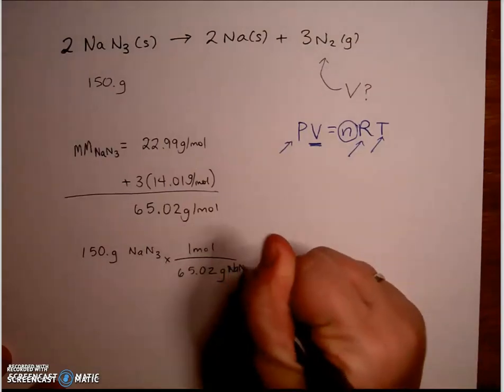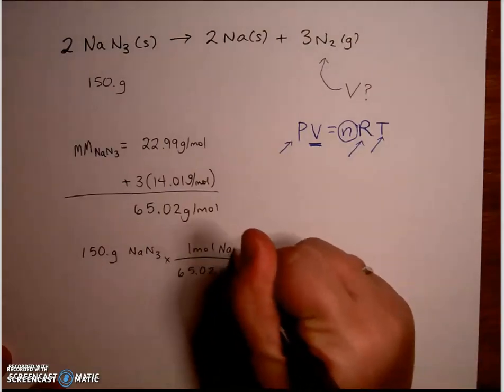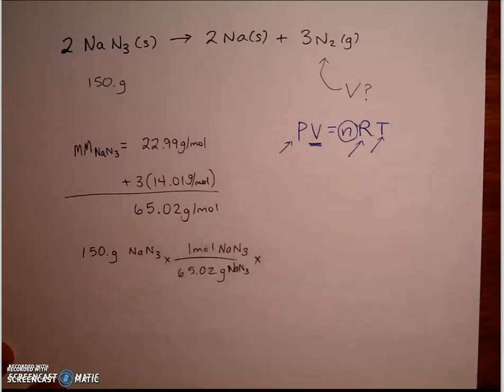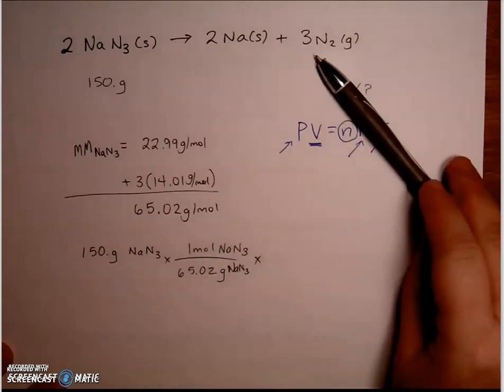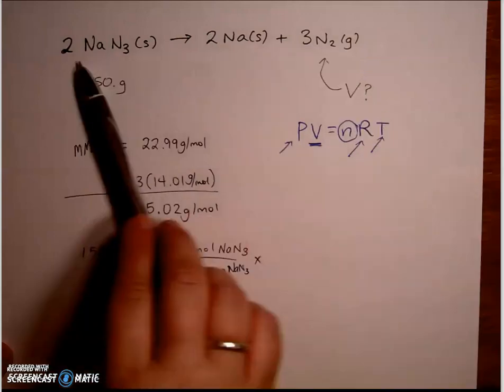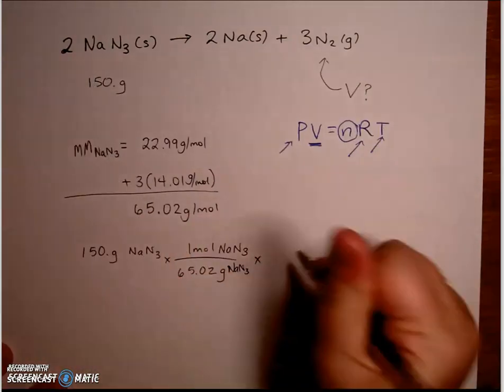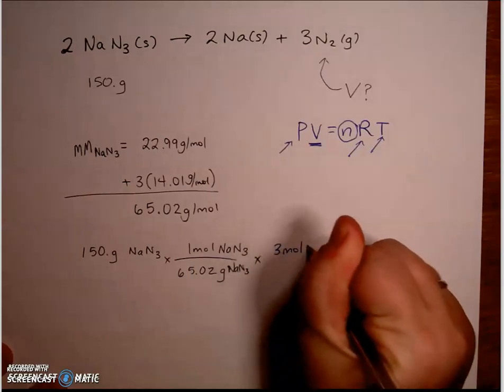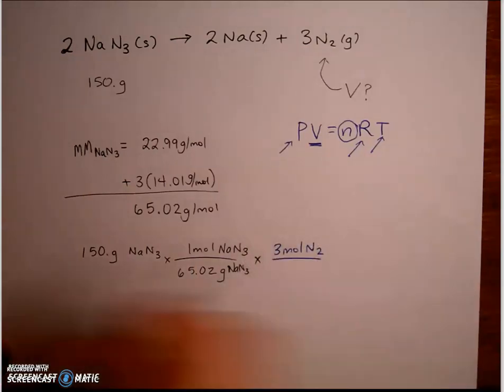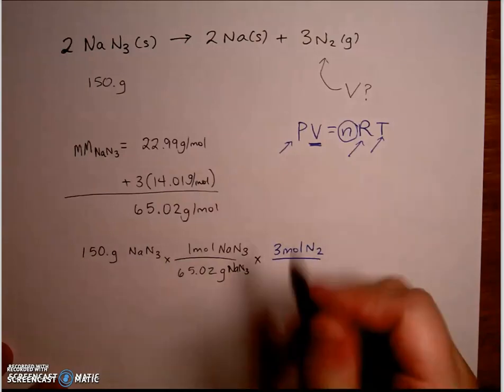So there's multiple steps, but it's just like a puzzle, or if you've ever tried to untangle jewelry, just follow the next line of thought through. So here's my stoichiometric ratio.